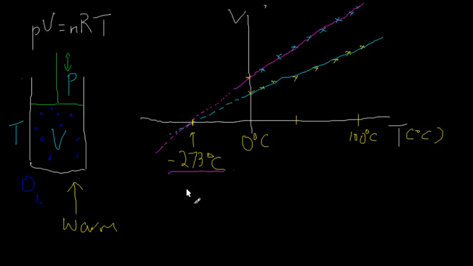But in any case, after many years and lots of experimental checks, it was finally accepted that this number is the absolute zero in temperature, and that no temperature can go below that value.